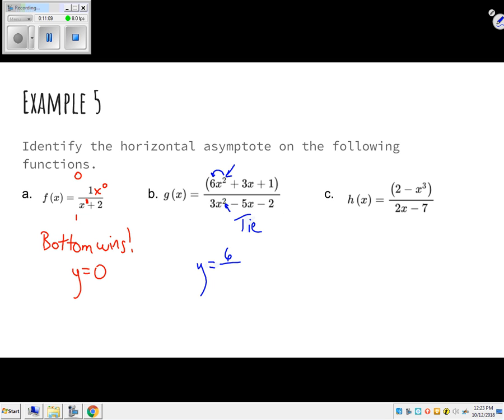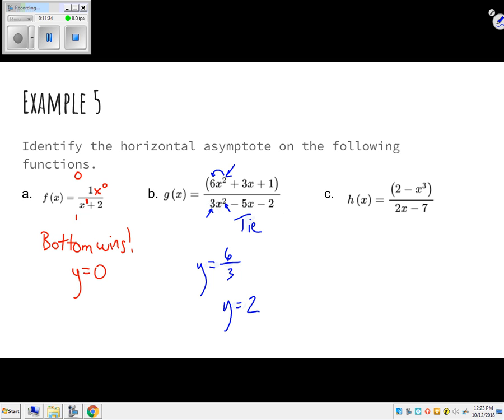And ratio, I'm just going to put a division bar, so it's 6 to whatever the leading coefficient is on bottom, 3. Well, 6 divided by 3 is 2, and that is where it would land. So if it's a tie, you've got to do a little bit of division. And on this problem, the horizontal asymptote would move up 2 units and be a positive 2.